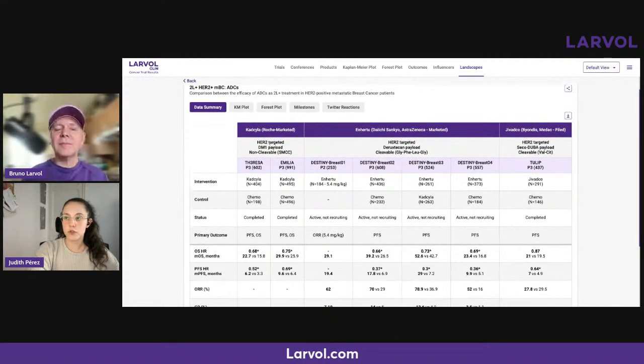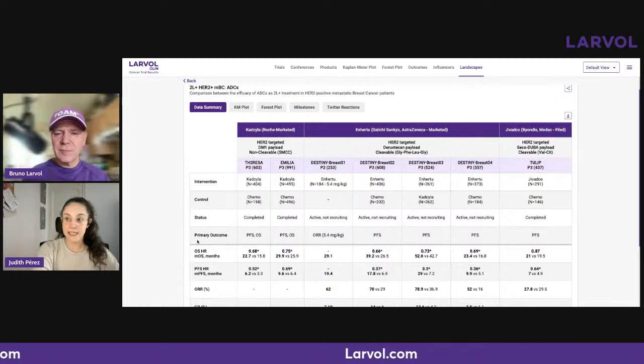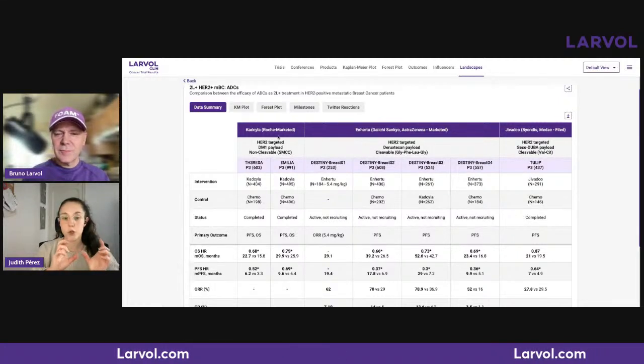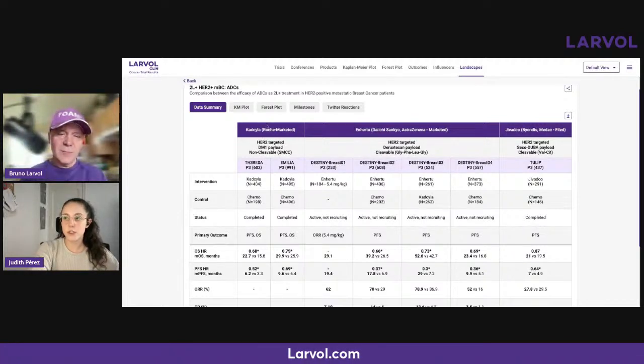We can see the description of the trial in here based on the intervention, control, status, and its primary outcome. In addition, in here, we have chosen the three ADCs that are of most interest in this KPD.